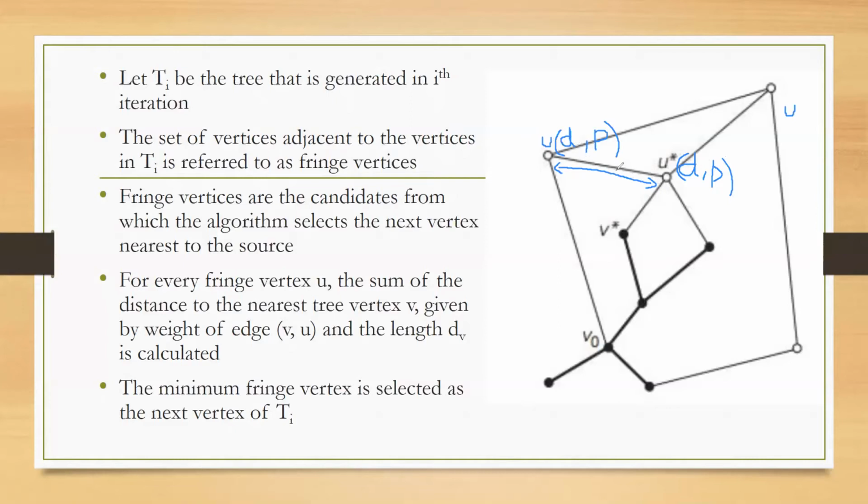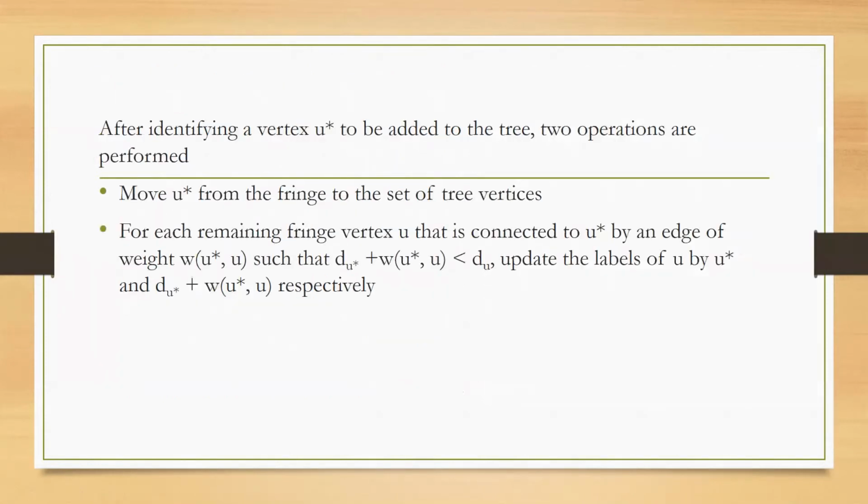If whatever you have added is lesser than the existing distance, then you have to update this distance value, and you have to update the parent, telling that U star is the parent. So coming via U star is a nearer path than coming via V naught. These are the two things I just told, and they are given in the statement.